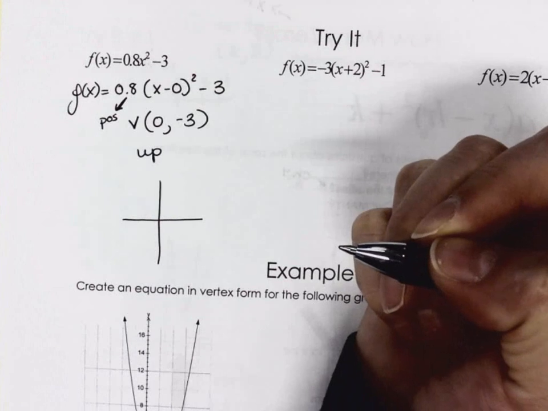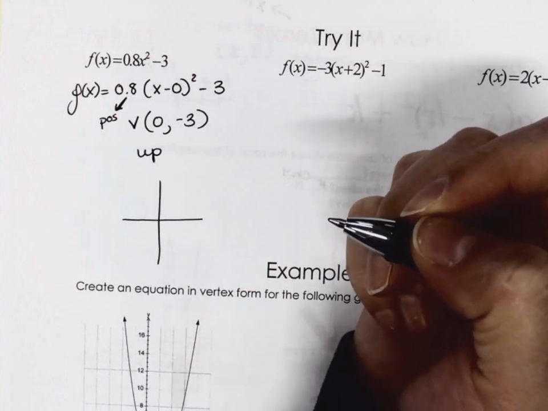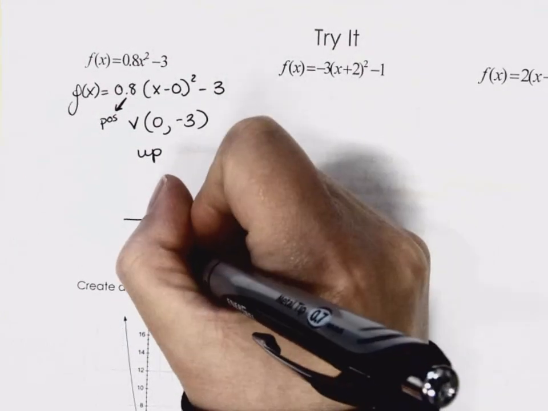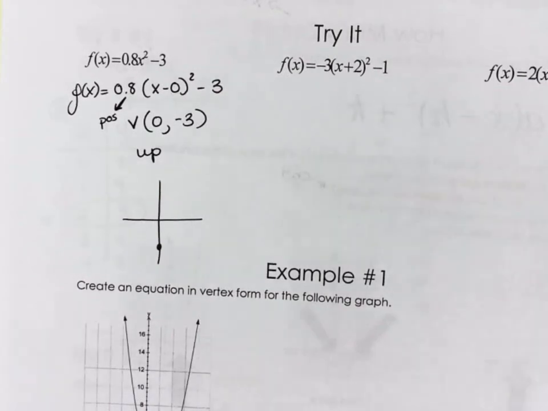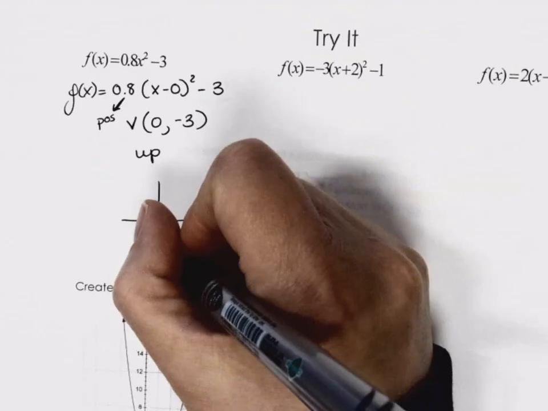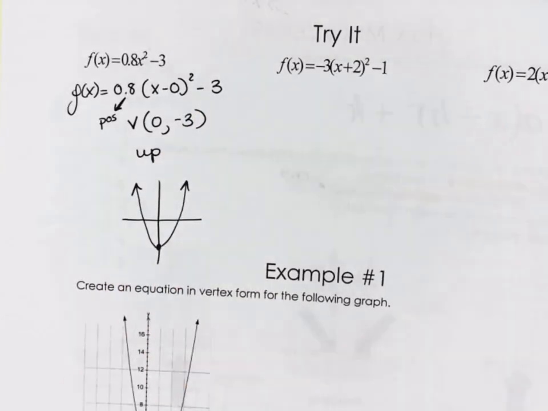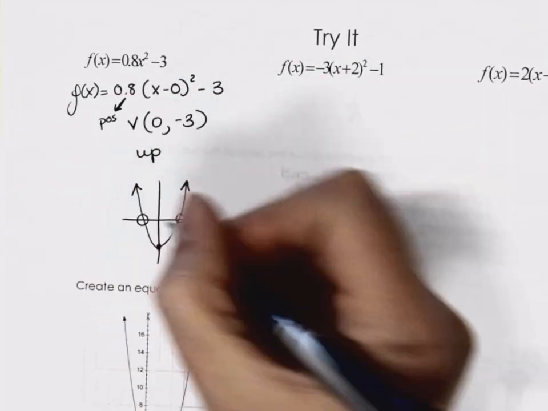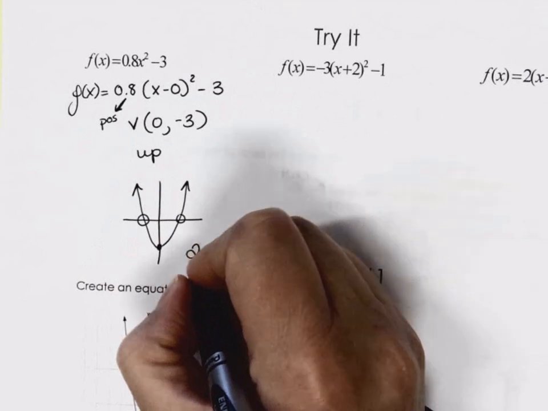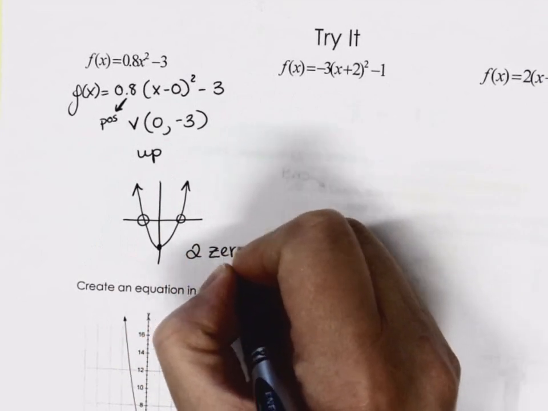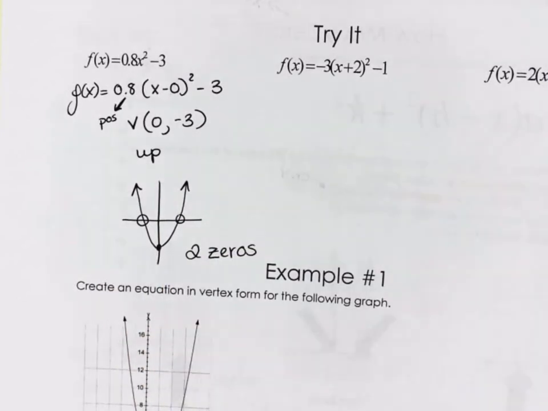My vertex is going to be somewhere down here, correct? (0, -3), so it's going to be somewhere on that y-axis. You guys told me that it opened up. So how many times does it cross the x-axis? Twice. I didn't ask where they were. I just said, how many do we have?